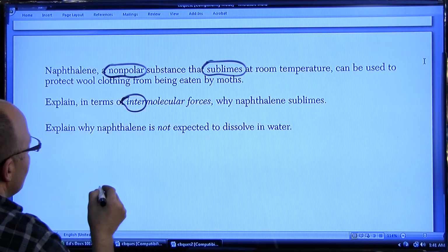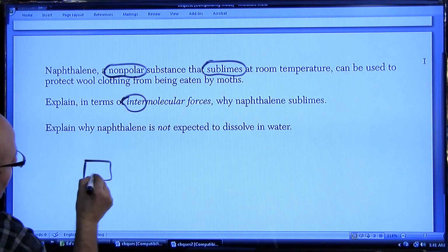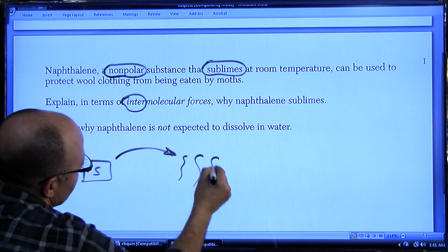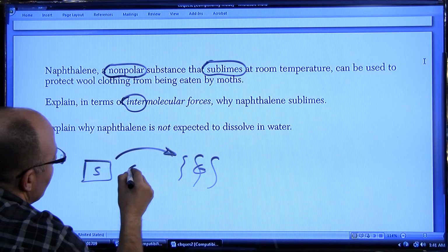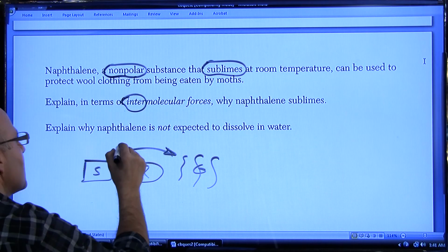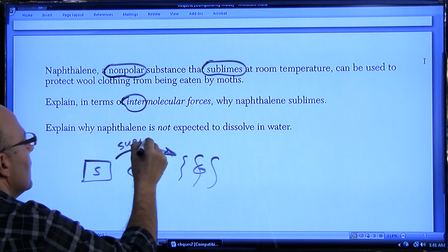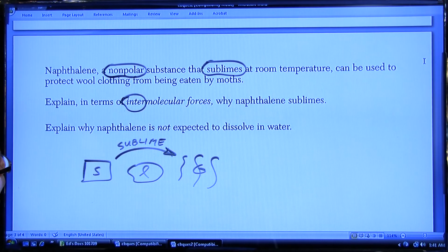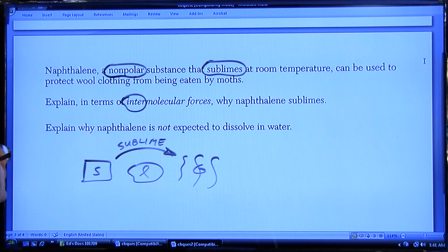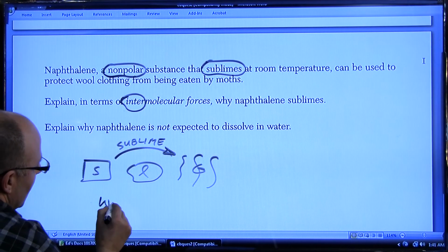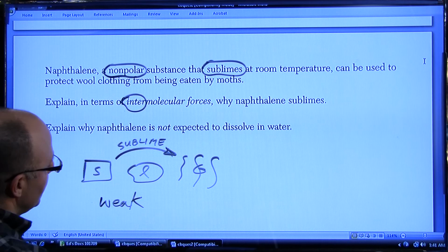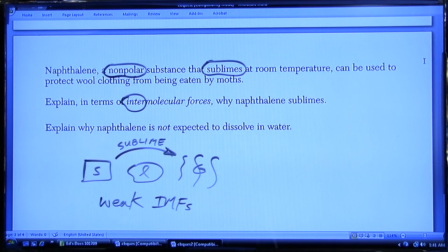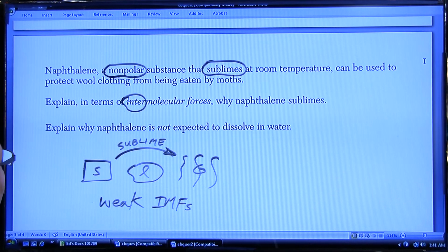Well, in order for a solid to turn directly into a gas and skip the liquid phase, that's what sublimation is, that means the attractions between the particles are very weak. So we're looking at weak intermolecular forces of attraction, or IMFs, or IMAs, whichever abbreviation you want.